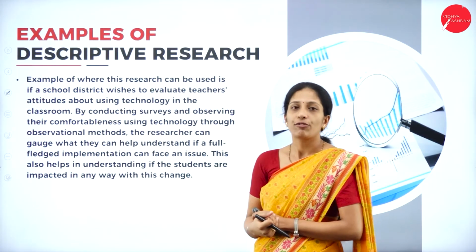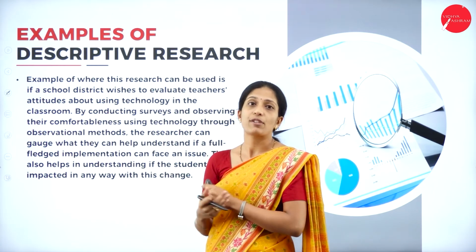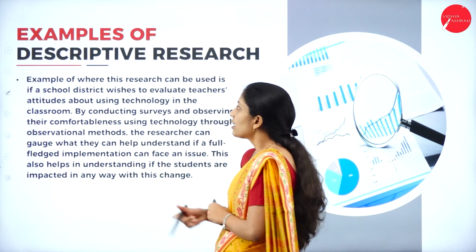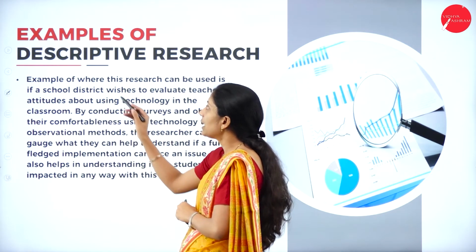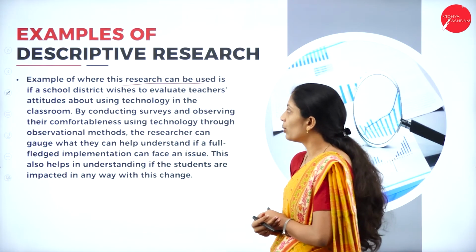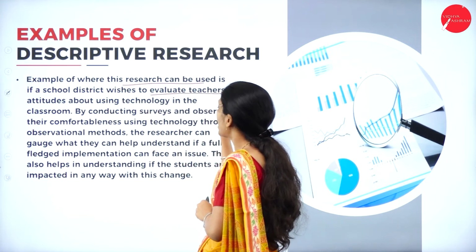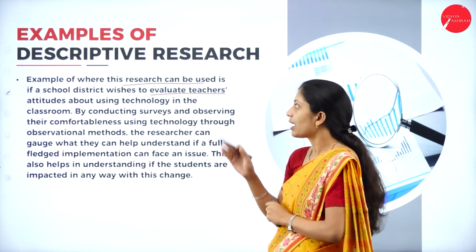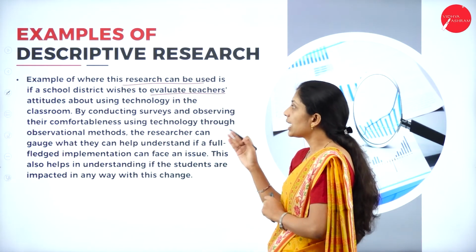Now we shall see a few examples of descriptive research. An example of where this research can be used is if a school district wishes to evaluate teachers' attitude about using technology in the classroom.